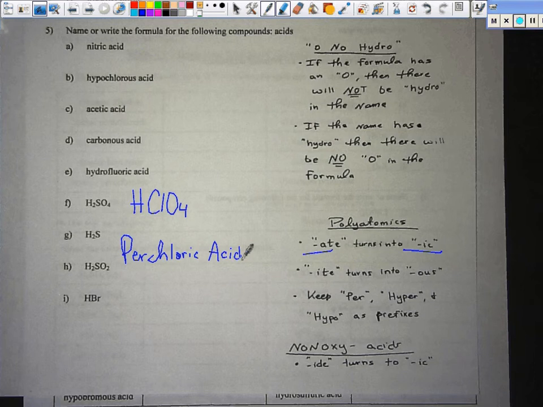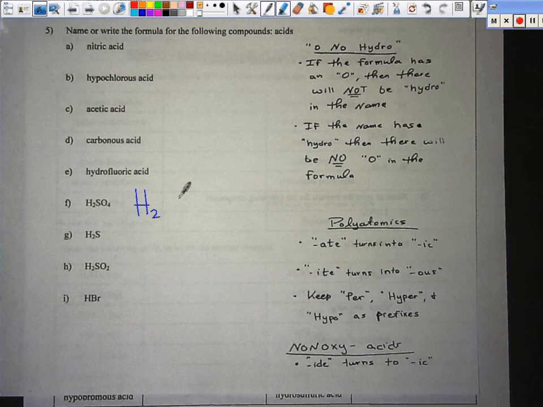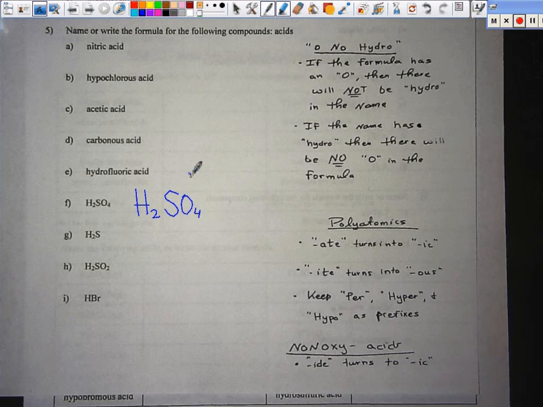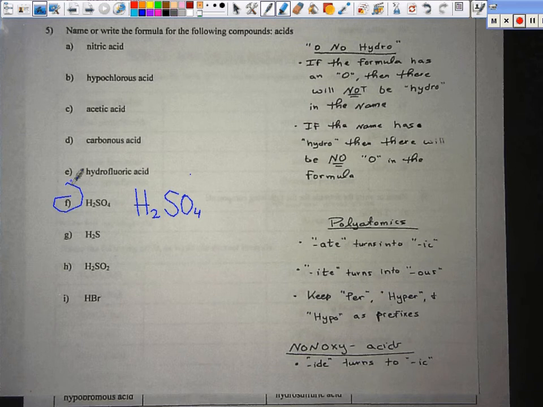All right, and the last one is this one. H2SO4. Is there an O? So O, no hydro. Okay. Have I done this one? Oh, I'm sorry. We did an F. That's right. So HNO3. That's the one we need. HNO3. So there is an O, so we don't need a hydro.